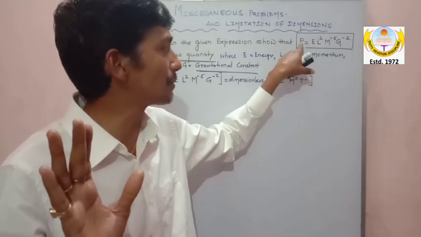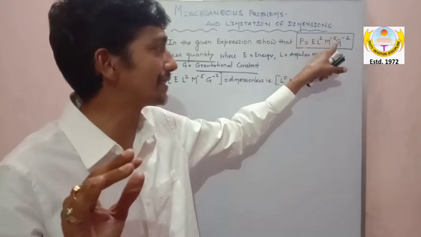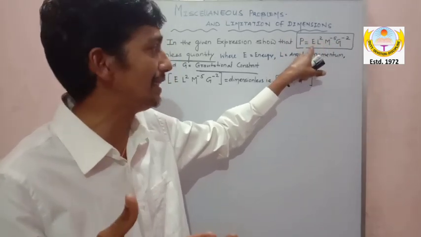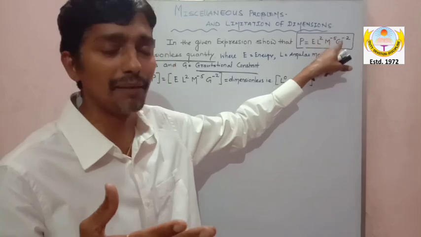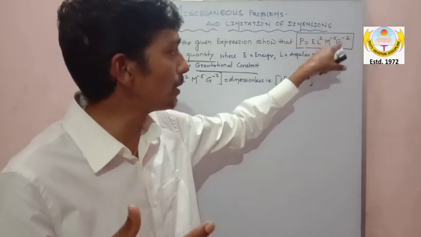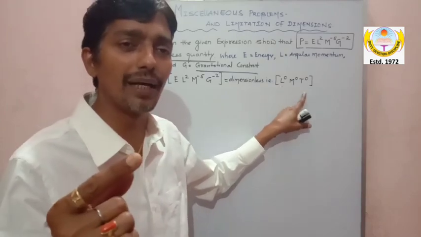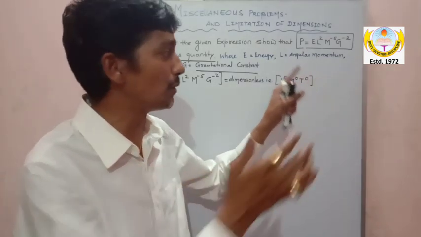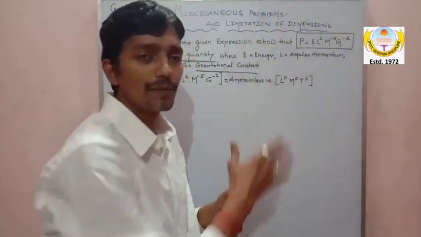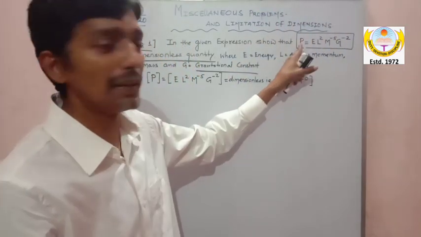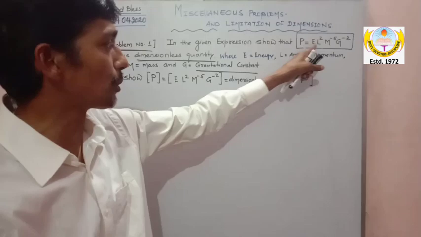So if all these four quantities, after solving, have dimensions L power 0, m power 0 and t power 0, then I can say P is dimensionless.